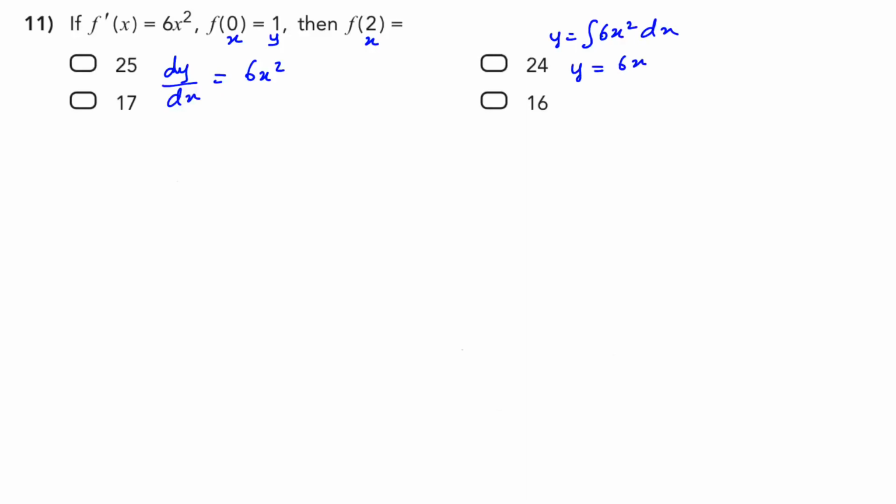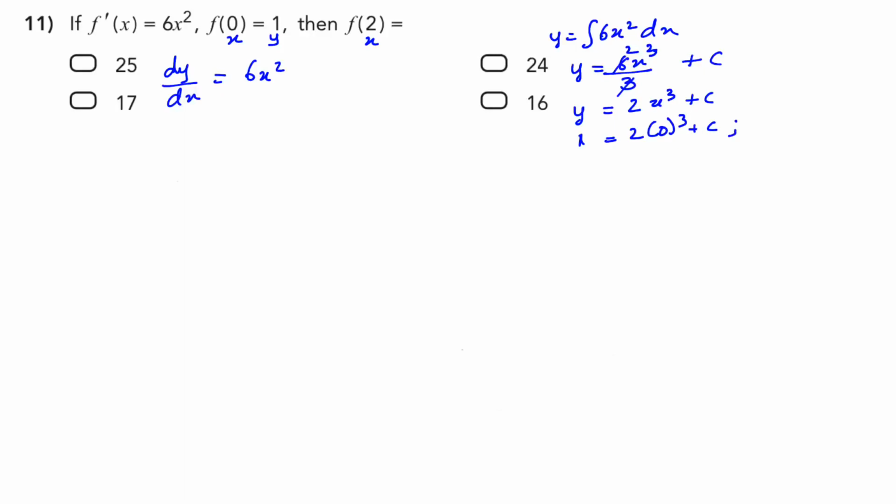We add 1 to the power 2 plus 1, 3, divide by 3 plus c. We cancel it out, we'll get 2. So y is equal to 2x cubed plus c. And now we are going to replace in place of y 1 and in place of x 0.